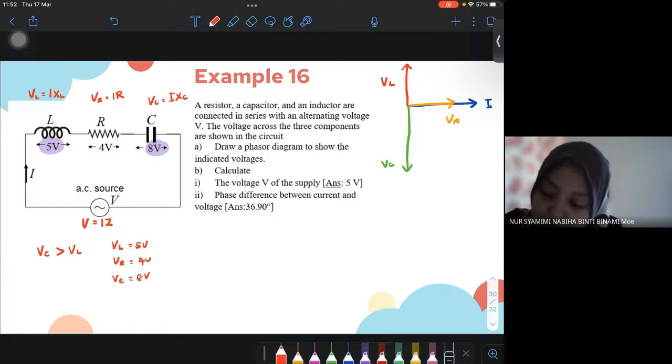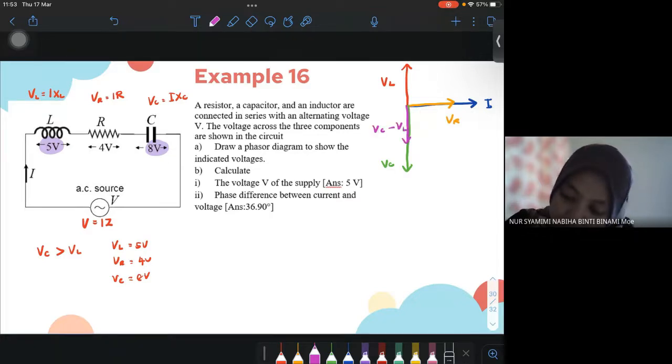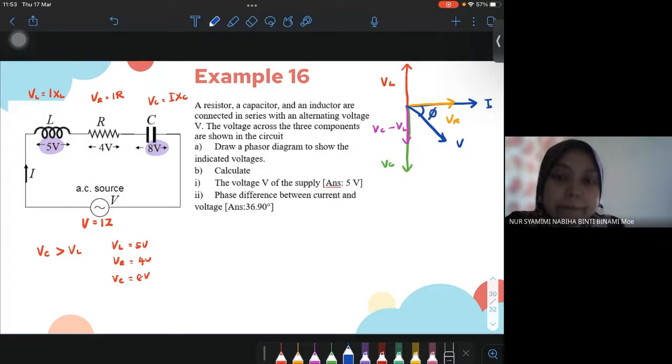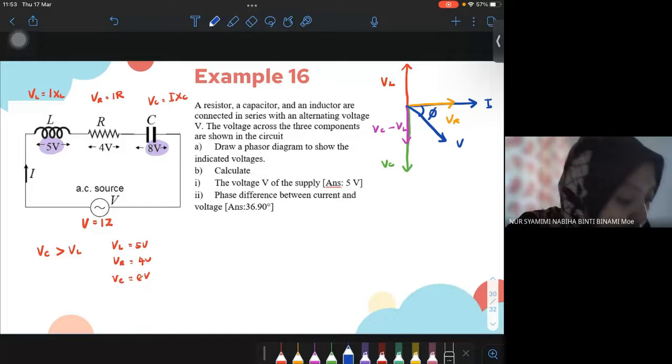Okay, so kita tak siap lagi phasor diagram. Kita akan ada satu kat sini which is VC minus VL, dan kita akan ada resultant V dekat sini, and dia akan ada angle antara I dan V. So ini ialah phasor diagram kita.